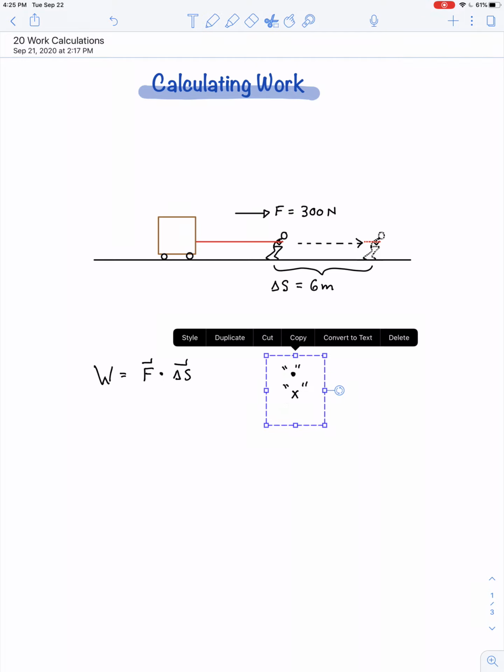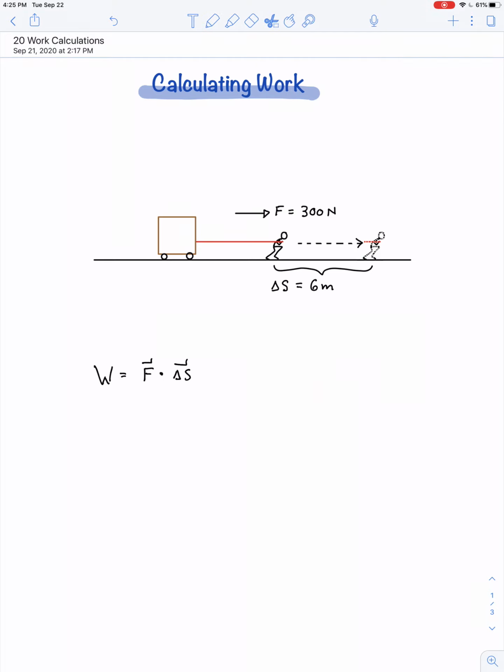Actually, we'll find in a future lesson coming up, we should really define work as the integral of force and small incremental displacements, because it's possible that the amount of force varies over the displacement.